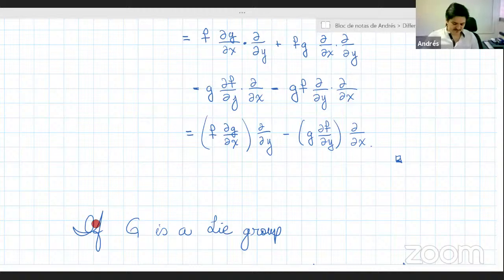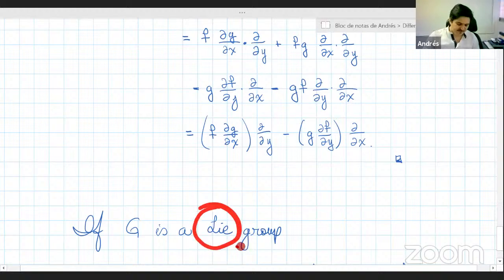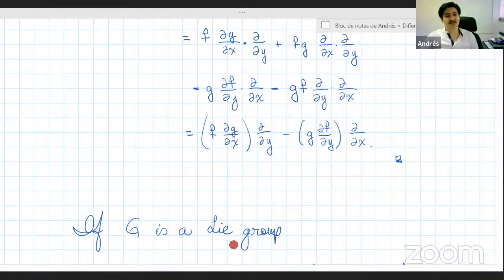So maybe for you, let's justify this because we know what a group is. So maybe you will think, okay, Lie has to do with having the smooth structure, smooth inverse, a smooth product.